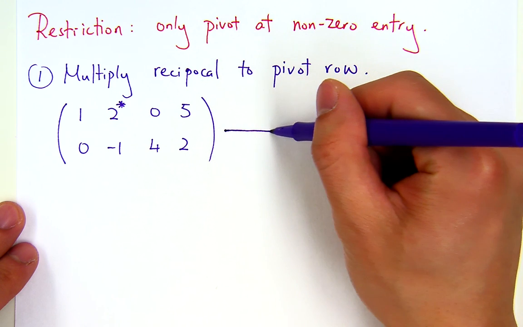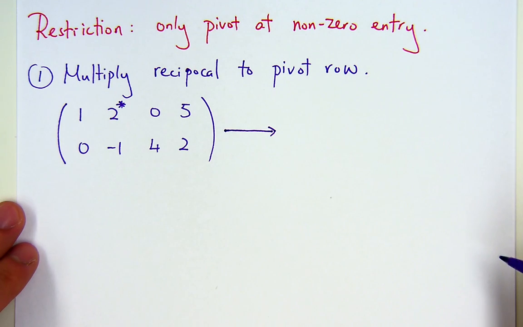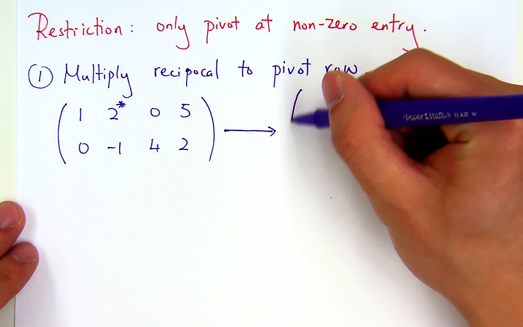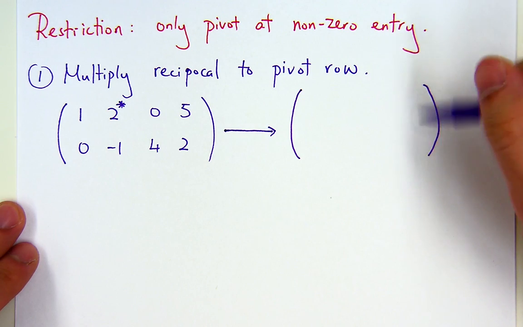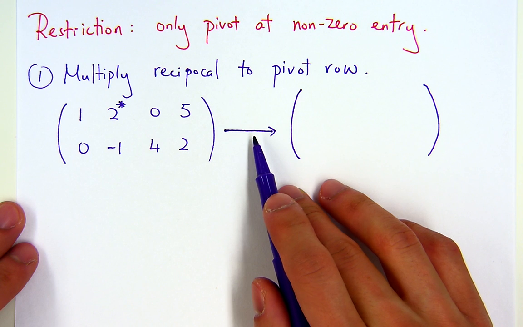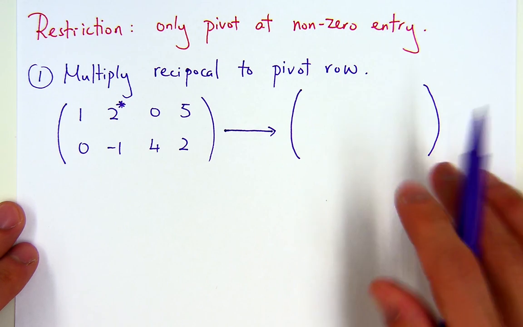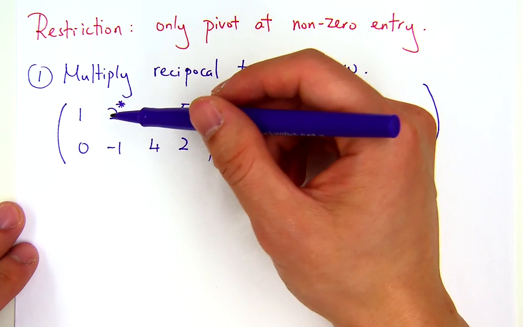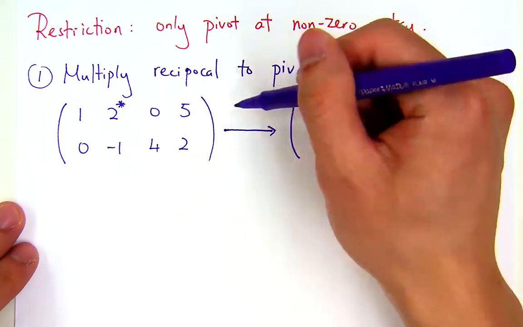So first of all, we have to put down an arrow to indicate that we are going to transform this matrix into a new one. Please do not use an equal sign, because what we are going to get is a new matrix different from the original one. The reciprocal of this entry is 1/2.